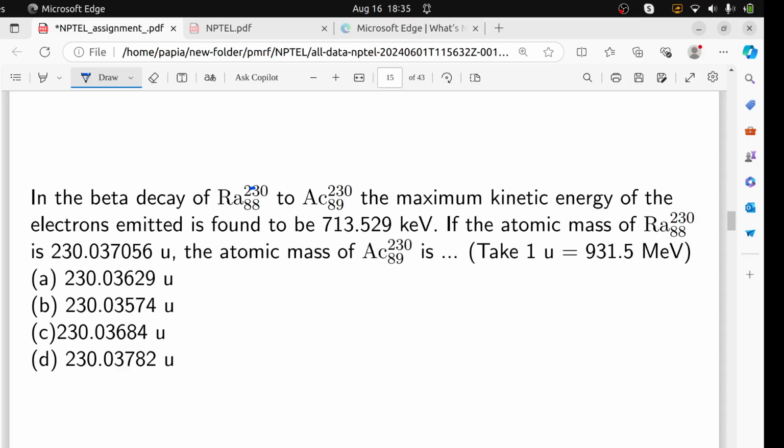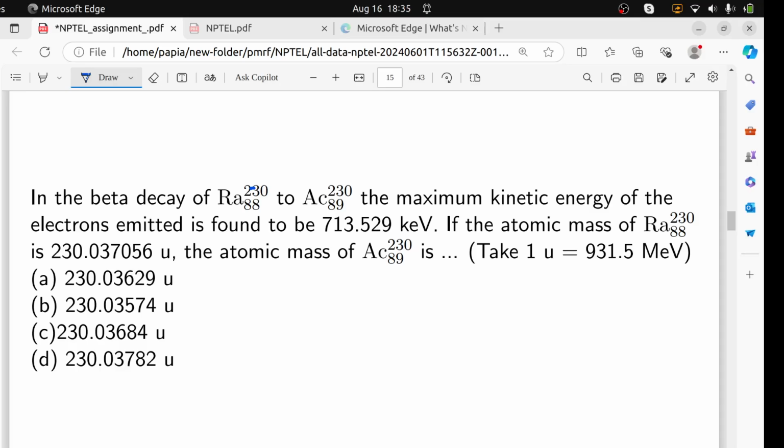Okay. If the atomic mass of radium 88, 230 is this one, what is the atomic mass of AC? As we just explained, for the beta minus case the Q value in terms of atomic mass will be nothing but the atomic mass of radium minus the atomic mass of AC.